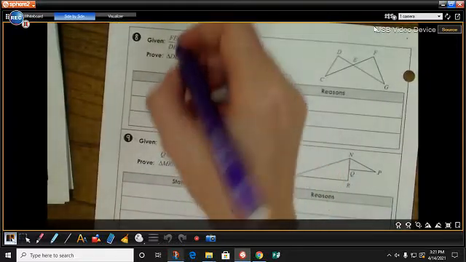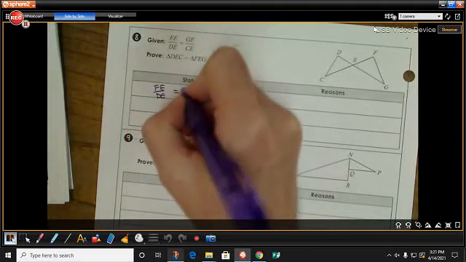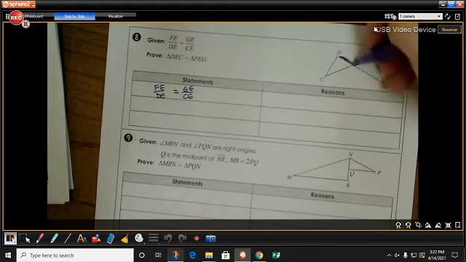I am given that FE and DE is proportional to GE with CE. So FE goes with DE, and GE goes with CE. So I know those are proportional. That was given.